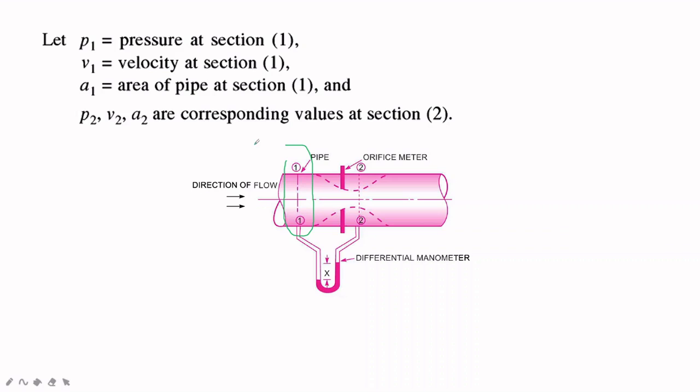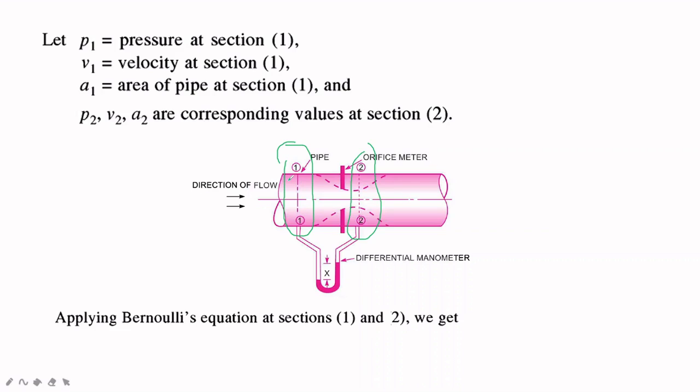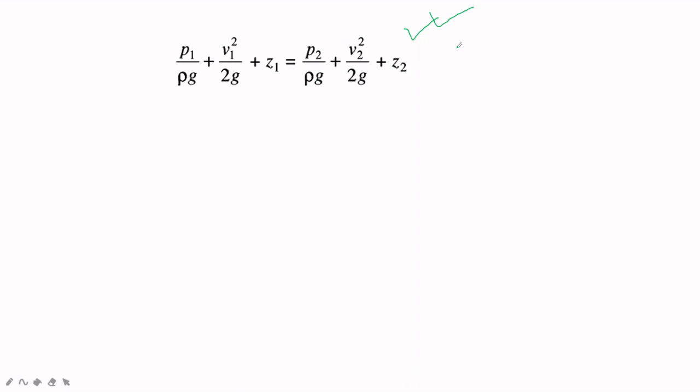Now the next step is we should apply Bernoulli's equation at sections 1 and 2. So we get P1 by rho g plus V1 square by 2g plus Z1 equal to P2 by rho g plus V2 square by 2g plus Z2. Same as we did in the venturi meter.